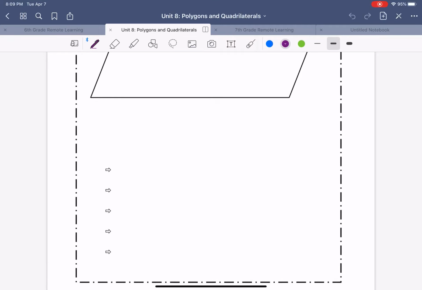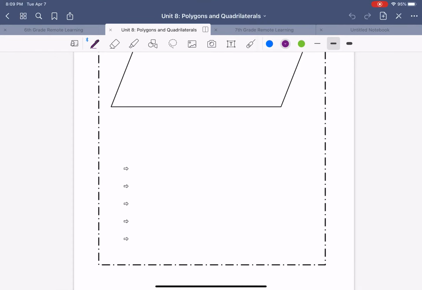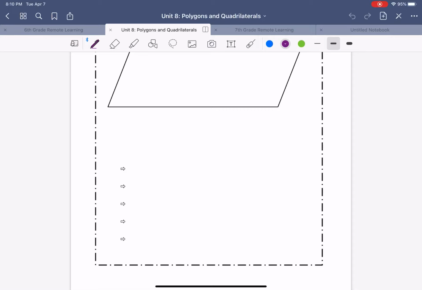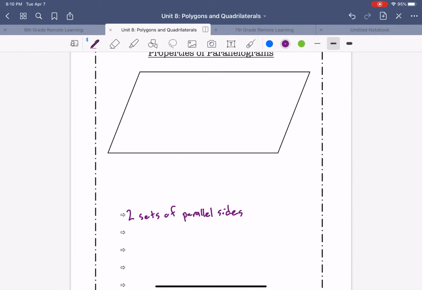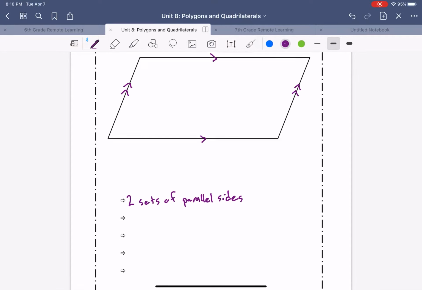So we're going to just list and then mark this diagram, okay? The first special property is that all parallelograms have two sets of parallel sides. These two are parallel, and then these two are parallel.